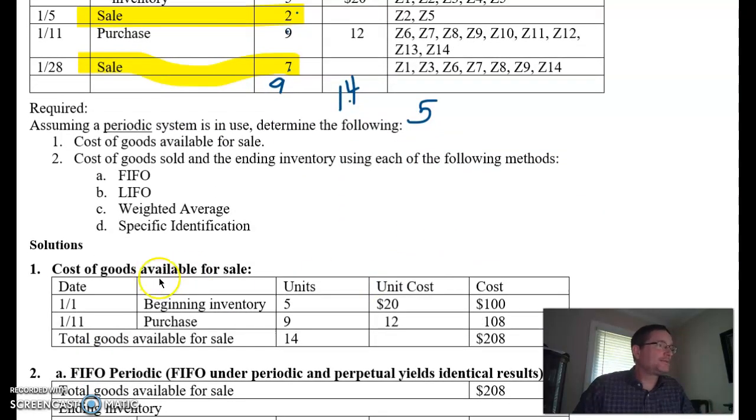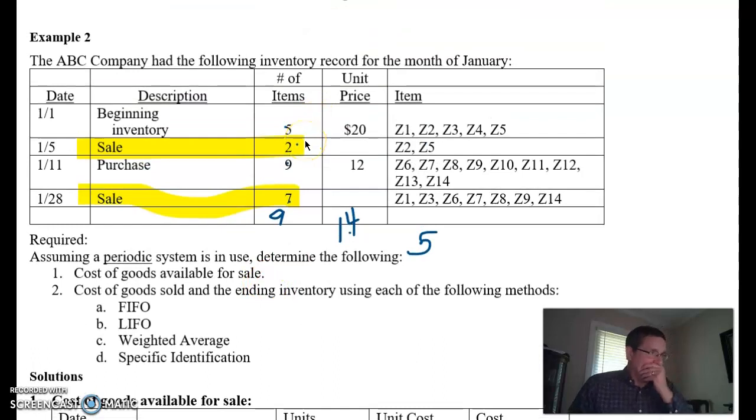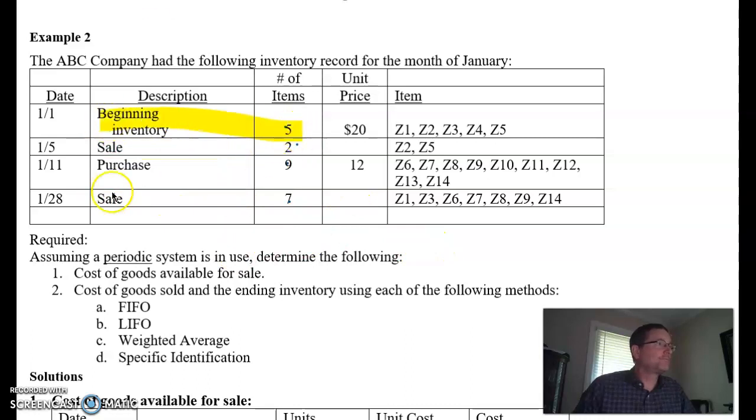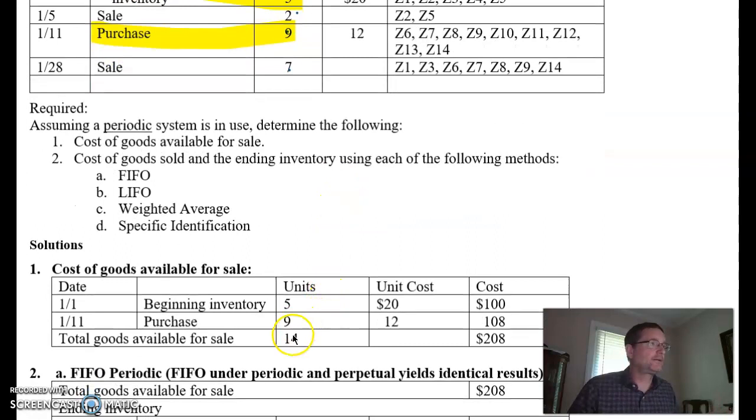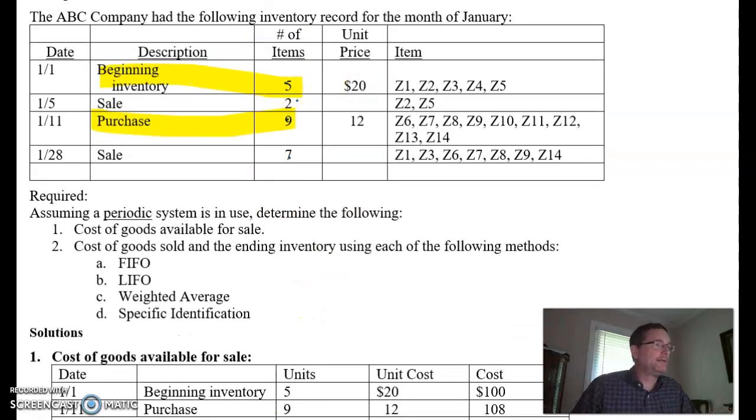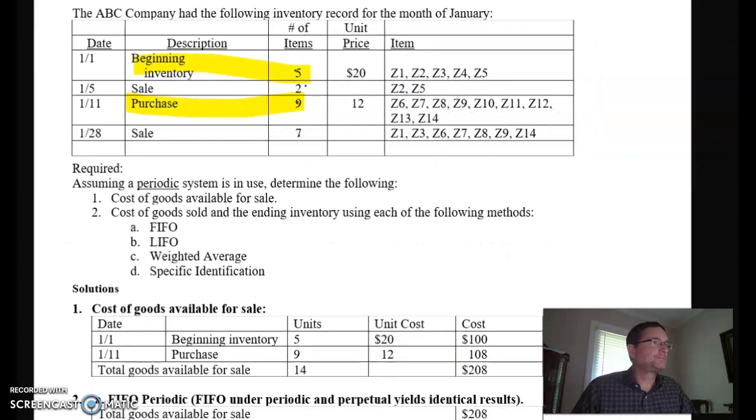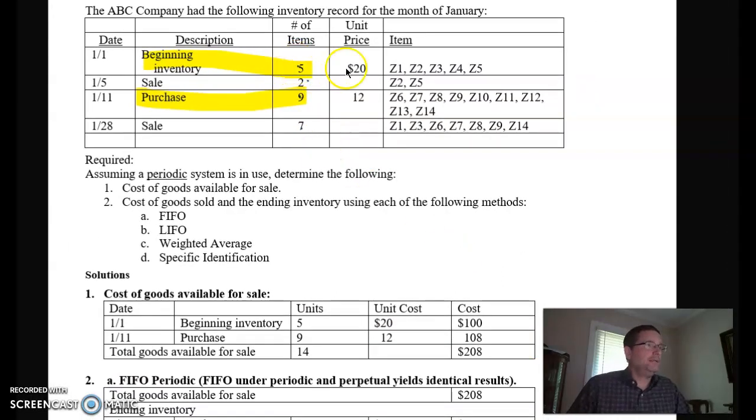Cost of goods available for sale. What you do is you take beginning inventory and then you take purchases, and that becomes your cost of goods available for sale. We already know there should be 14. We already calculated that. So 5 at 20 is 100. 9 at 12 is 108.